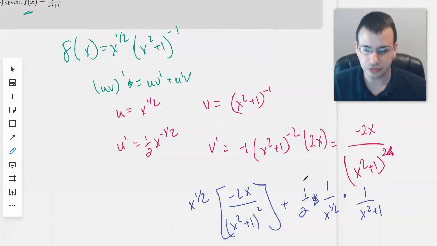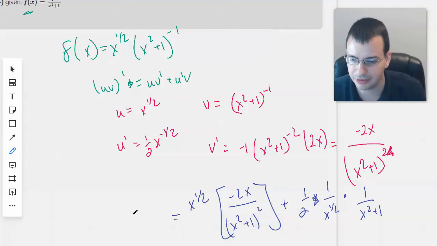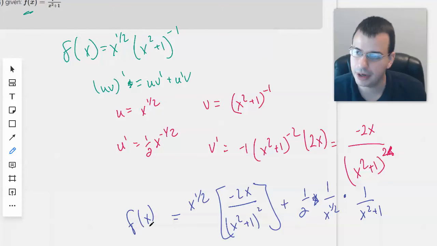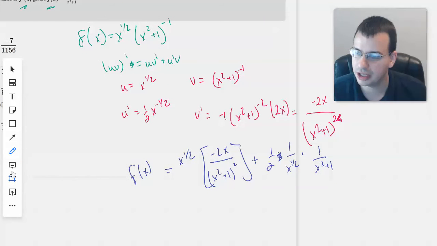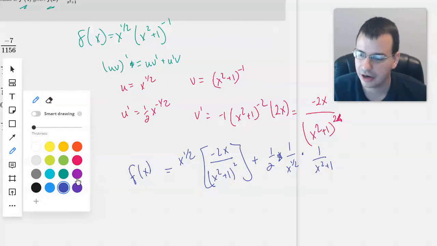Okay? Now, normally at this point, I would simplify things, but I'm thinking it might actually be easier if I just plug in 4 and see what happens.